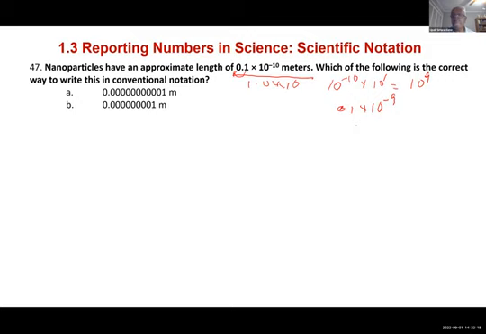This means 1 with 9 zeros. Three here, 3 here.